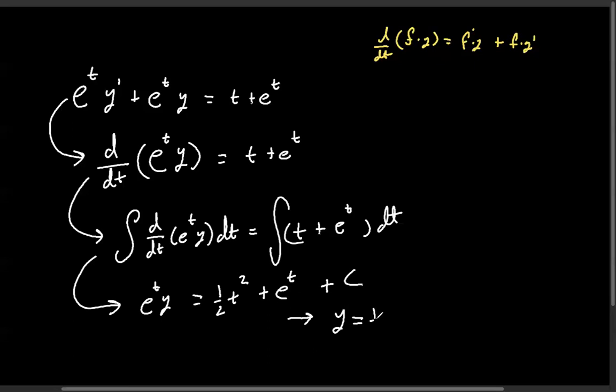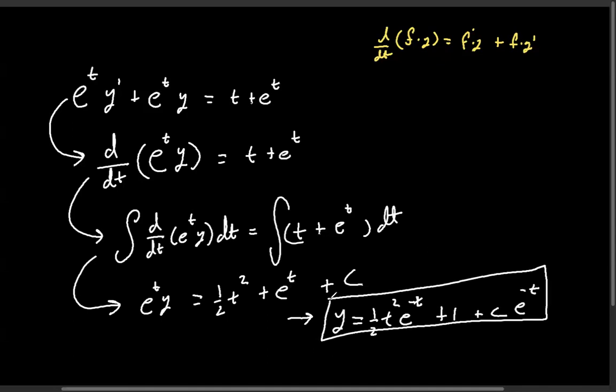You are going to get 1/2 t squared e to the negative t, and then you would get e to the t divided by e to the t, and that just looks like 1 to me. That looks good to me. Hopefully that's helpful.